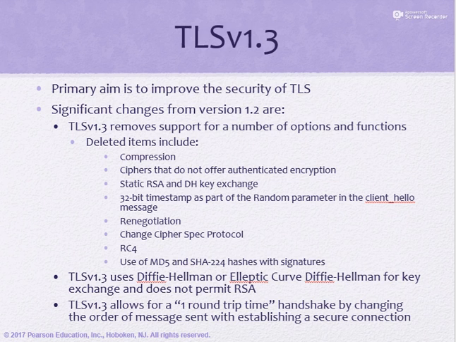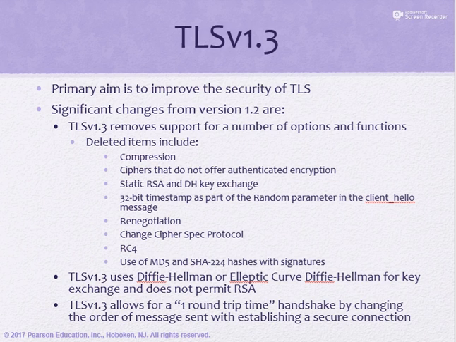Renegotiation and change cipher spec protocol, RC4, and use of MD5 and SHA-224 hashes with signature. So these are the options which are removed from TLS version 1.3.